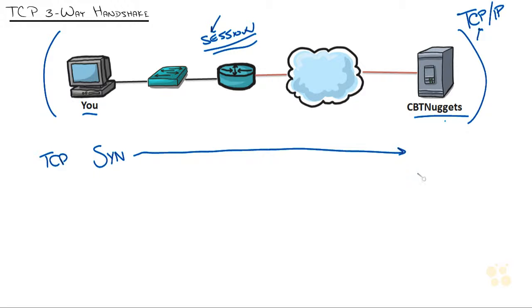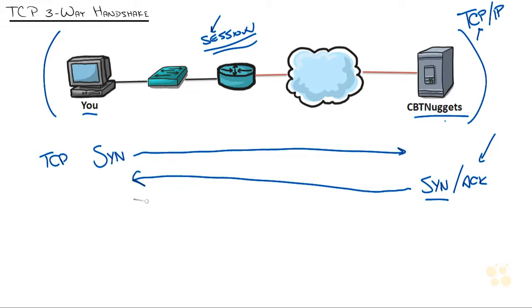CBT Nuggets gets that and says, okay, great. I'm going to send back a SYN ACK message, which in a nutshell, ACK, that's short for acknowledgement, says, okay, great, I got your communication, and I'm going to synchronize with you. It's like saying, hi, I'm CBT Nuggets, right? This guy comes back and says, oh, okay, great, I received that. Let me just let him know that I received it, ACK, and now we've formed a relationship. Yes, I'm going to unpack this a little bit more. That's very, very high level.